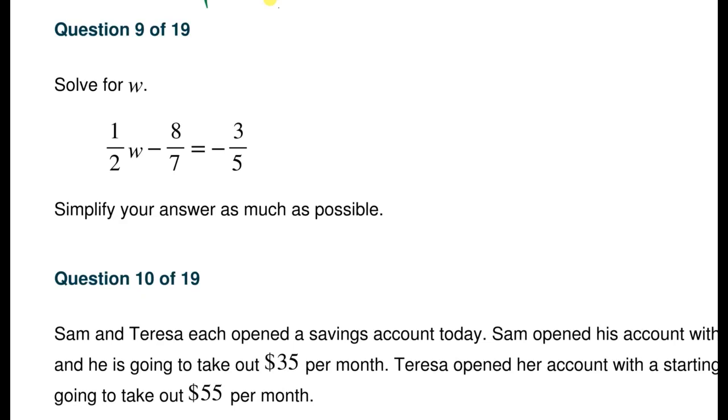So the LCD is going to be 7 times 5 is 35, times 2 is 70. The least common denominator is 70, by multiplying 7 times 5 times 2. In this case, because they are prime numbers, you multiply them up and you will have the least common denominator. So what we're going to do is multiply 70 on all 3 fractions.